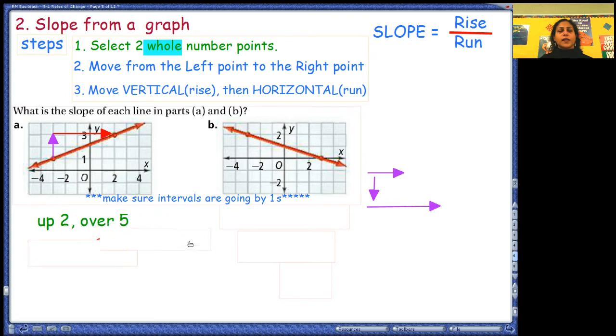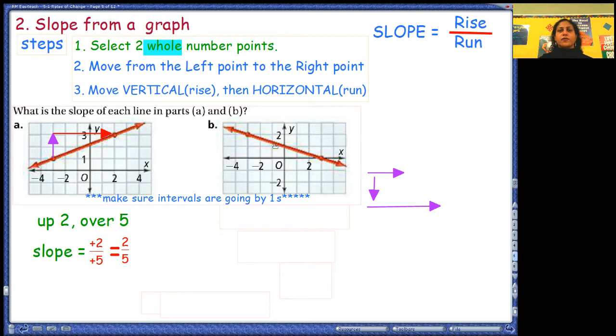So we can say up 2 over 5. That means the slope is 2 over 5. And that would be your answer, and you would box it.